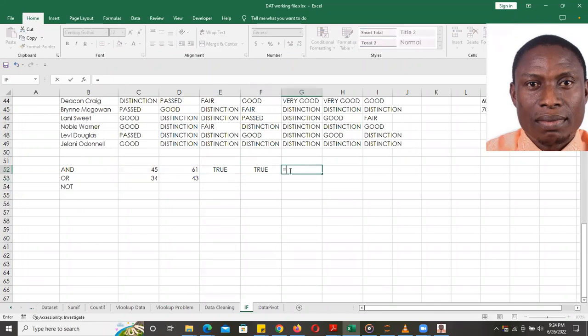So if you want to use your AND, you just say this guy, comma, this guy. Then it is going to give you true. So the only time you have true as your output when you are using the AND function in Excel is when the two conditions are true.